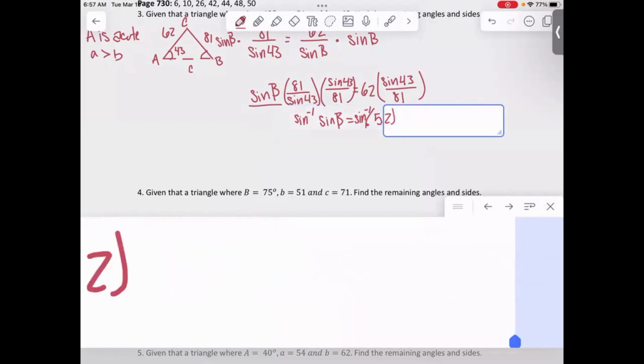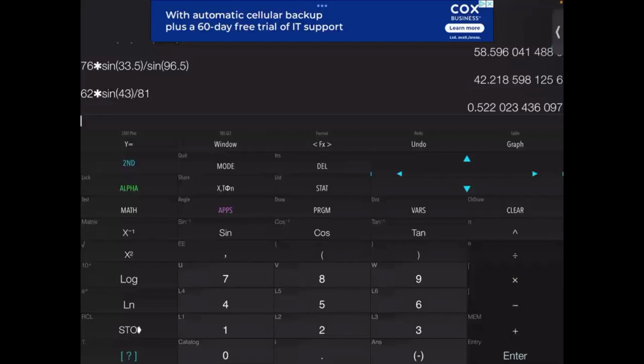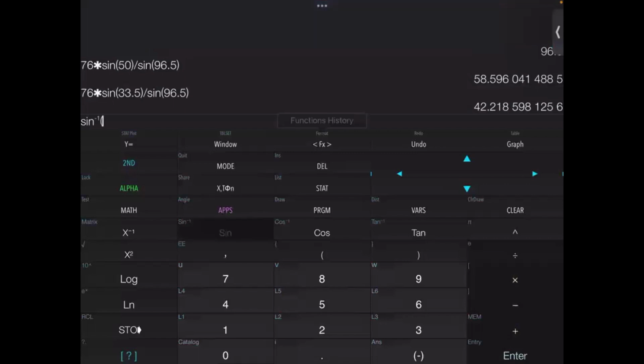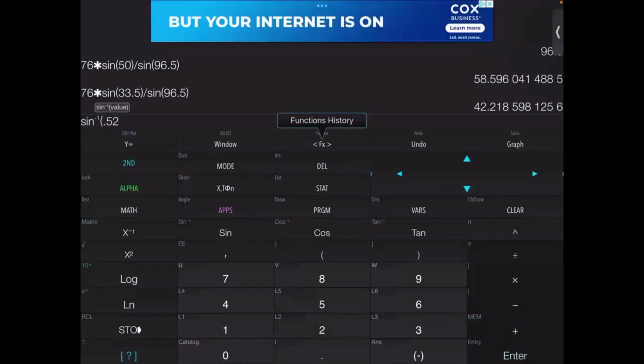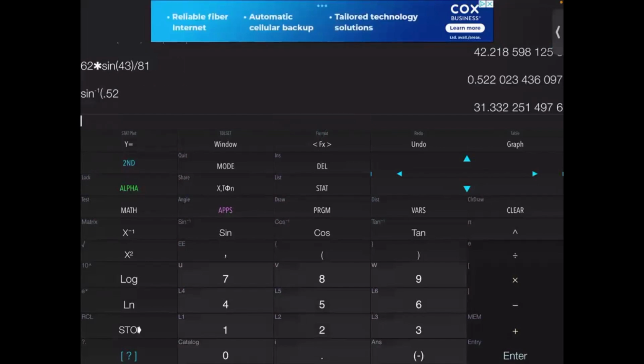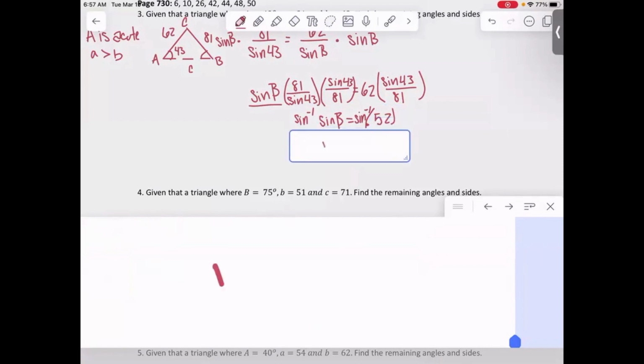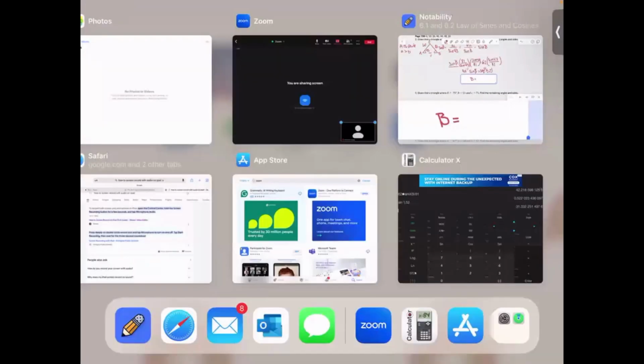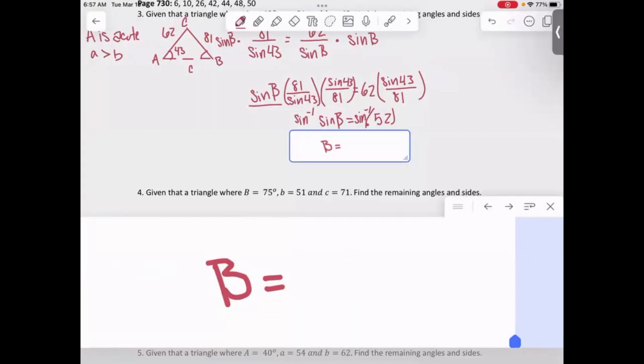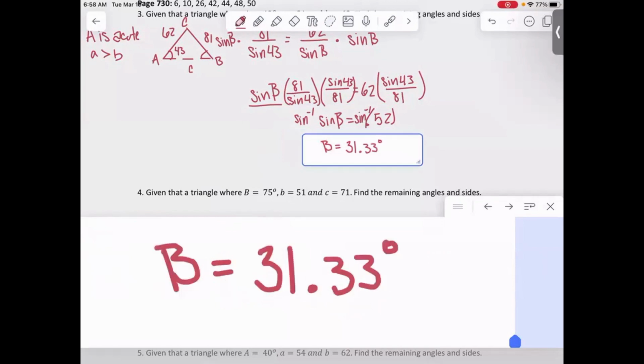That will give us B. So we take the inverse sine, press second sine of 0.52, and we get 31.33 degrees for my angle B. So B equals 31.33 degrees.